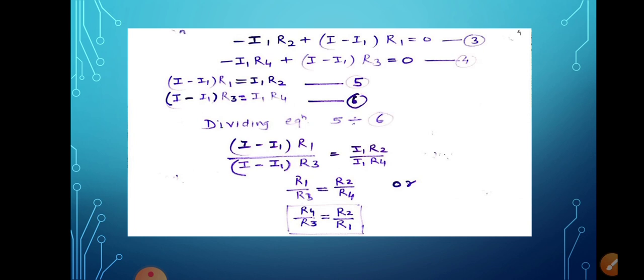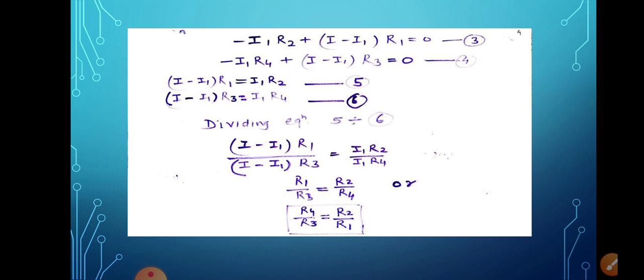This is our Wheatstone bridge. Under balanced condition, no current flows through the galvanometer, and the ratio of the resistances will be equal: R2 by R1 equals R4 by R3.